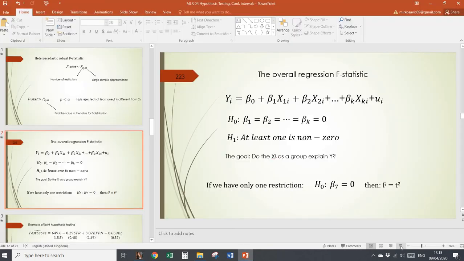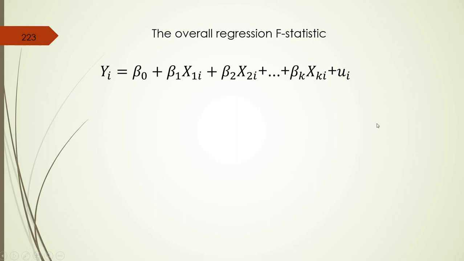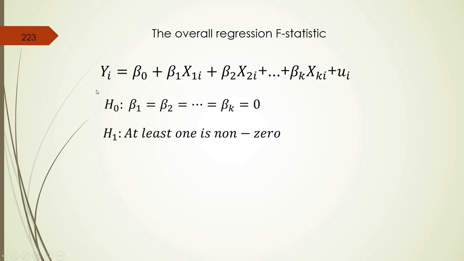So in our model, we are actually making the hypothesis that all our coefficients are equal to 0, or the alternative that at least one of them is not equal to 0. So this is our overall F statistic.